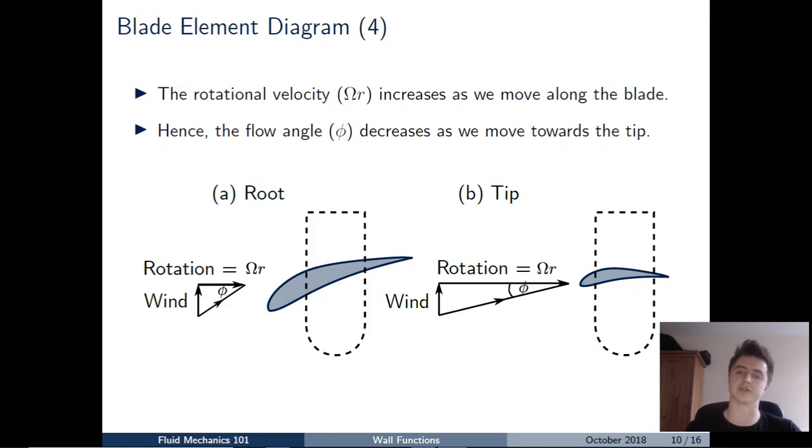So that rotational velocity component, omega r, is much greater near the tip. And what we see if we compare these diagrams is that the flow angle, phi, is much greater near the root than the tip.